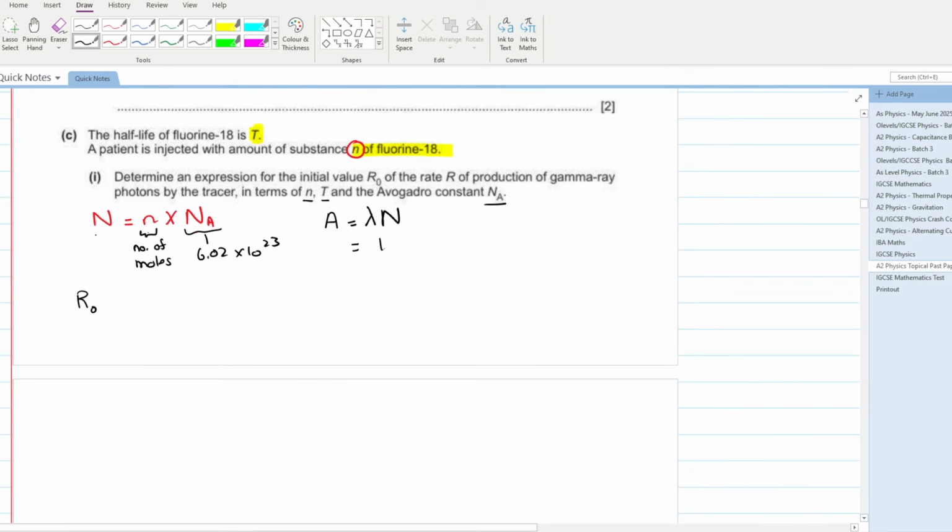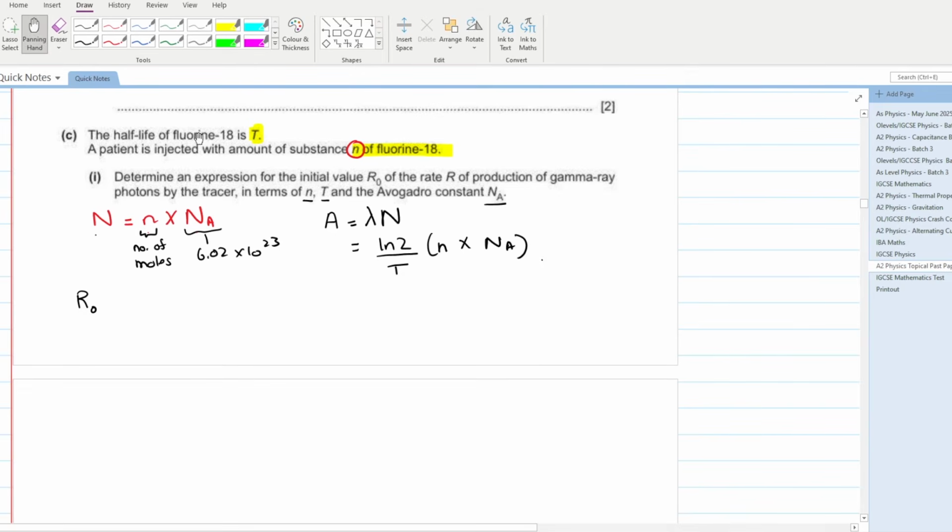Decay constant will be equal to ln 2 over capital T, and you have already calculated N as well, that is n into Avogadro's constant.